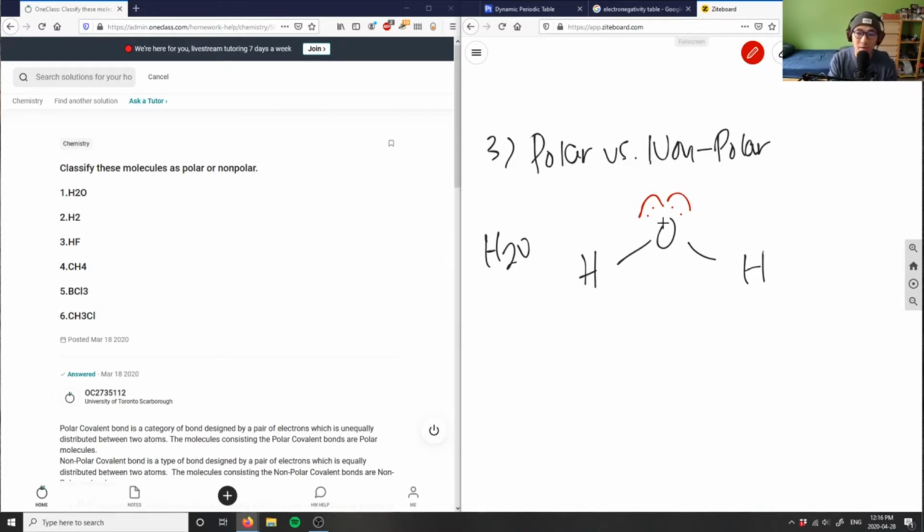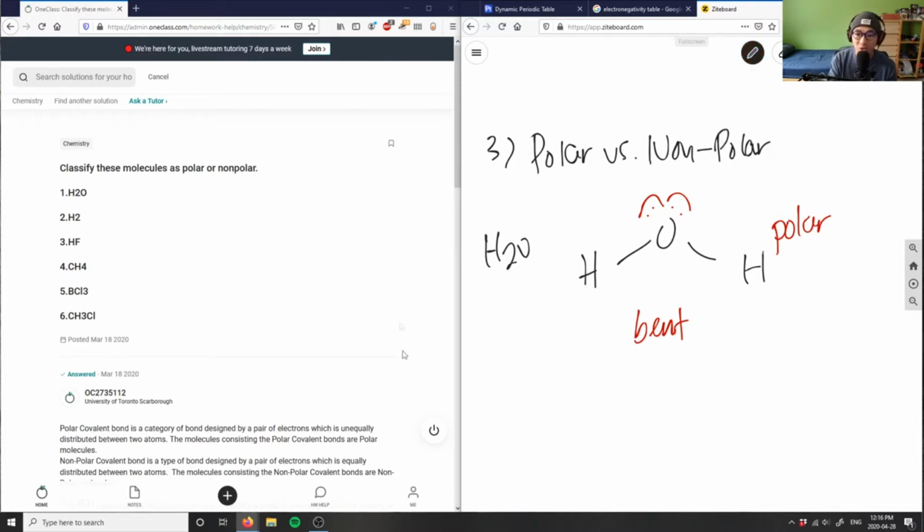That's why water is a bent structure, right? It's not a triangle like you might expect, or a linear molecule. These lone pairs pull electron density toward them. It wants space and wants to create that space. So given that, this would be a polar molecule, because the lone pairs push and change the geometry of water. So this is a polar molecule.